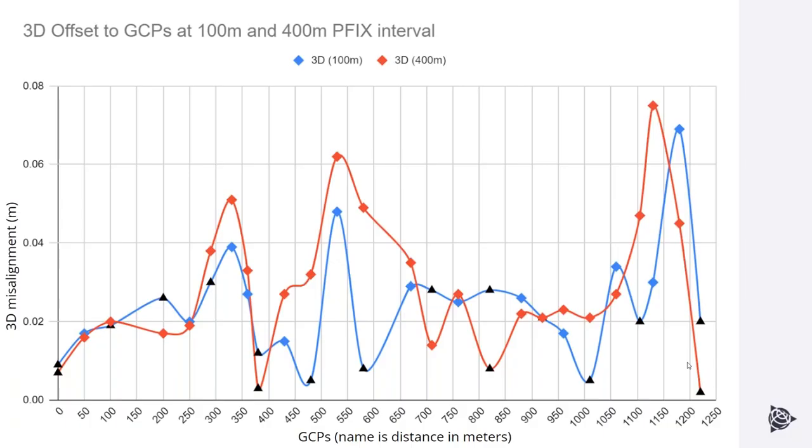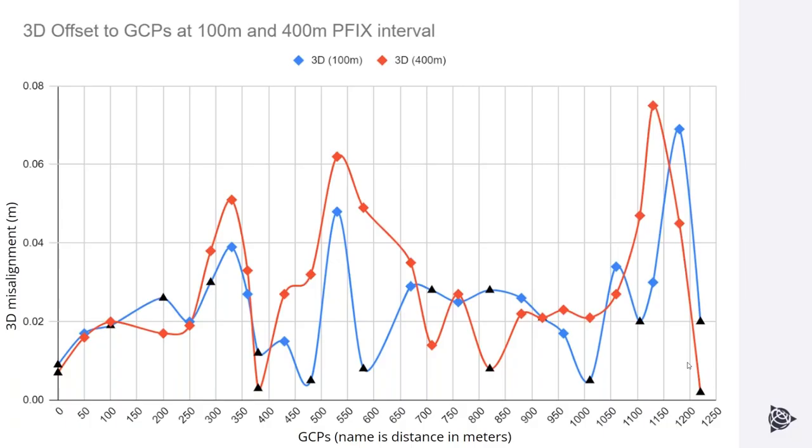This means that even with a couple of pfixes in a tunnel, you might get rid of most of the offset, but the more dense GCPs or pfixes you have, the better the solution will be. But if you consider the time you need to measure a GCP every 50 meters compared to measuring one, for example, every 200 meters, you can save quite a lot of time if you just measure a couple of them and if you're happy with the results after that.